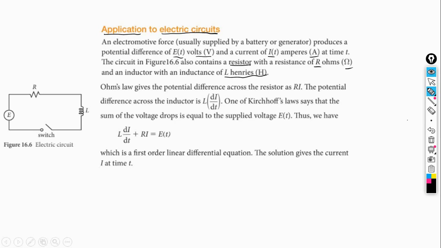Ohm's law gives the potential difference across the resistor as R times I. The potential difference across the inductor is L times the rate of change of the current. One of Kirchhoff's laws says that the sum of the voltage drops is equal to the supplied voltage. Thus we have this differential equation. This is a first order linear differential equation. The solution gives the current I at time t.